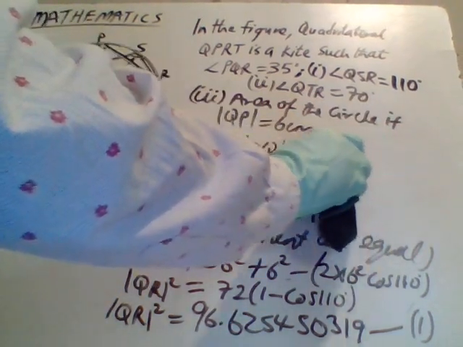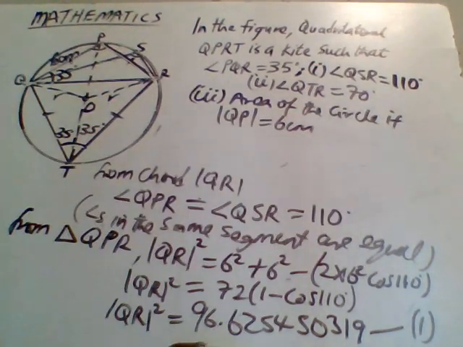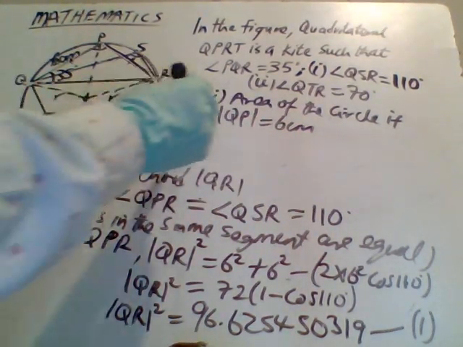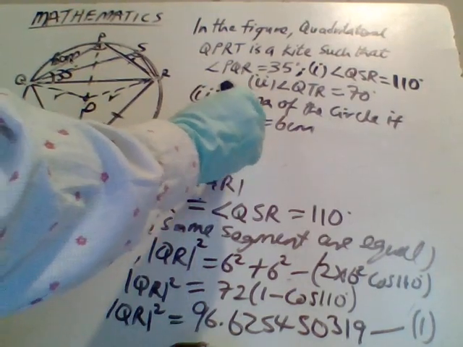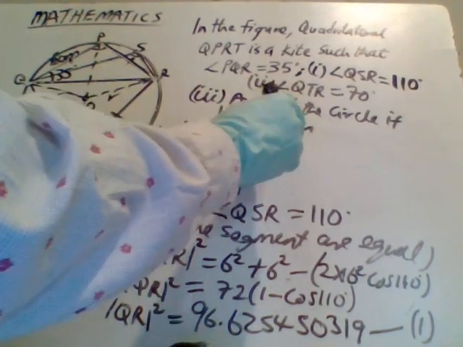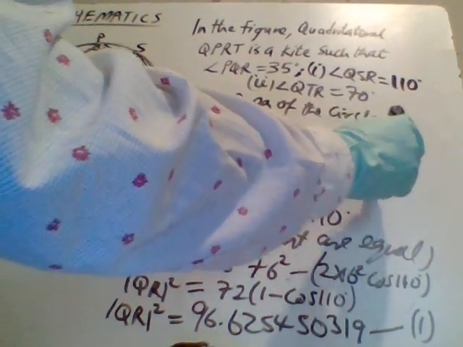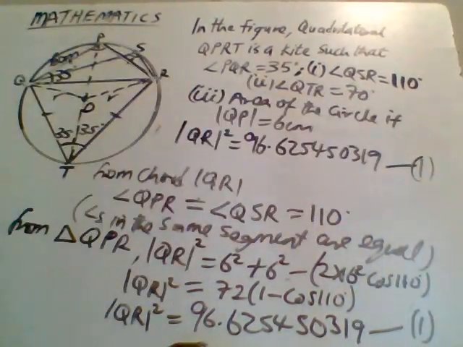Let's clean here. We find that your r squared is equals to 96.625450319, and let's call it equation 1.